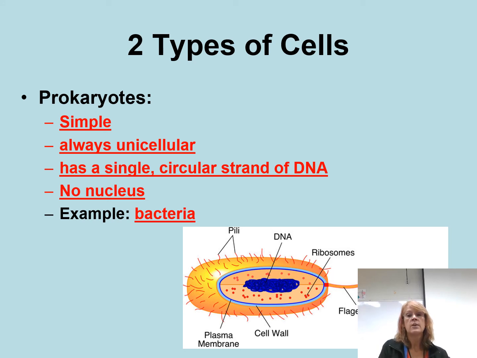Well, prokaryotes get their name because they do not have a nucleus. This is why bacteria can mutate and change so quickly. Oh, and by the way, as you can see here, bacteria are prokaryotes. So in the case of prokaryotes, they get their name because they don't have a nucleus. And if you find a cell that does not have a nucleus, it's automatically called a bacteria. And when I was going through high school, if you were a bacteria, you were in what we call kingdom Monera.